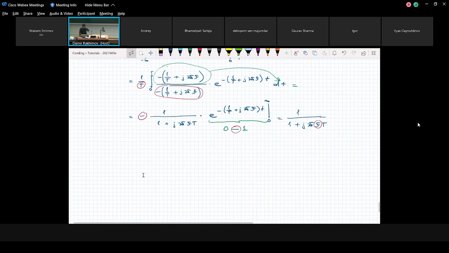What the function looks like: what we need is the absolute value squared.